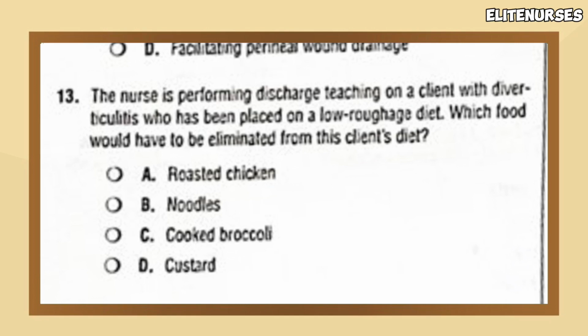So the client with diverticulitis should avoid eating food that is gas forming and also increases abdominal discomfort. We saw from the first question that clients with diverticulitis should avoid taking food that contains seeds in them. Yes, so they should avoid food that is gas forming. Yes, and so the correct answer is C, cooked broccoli.